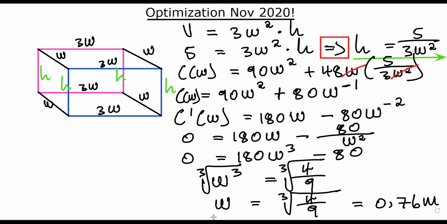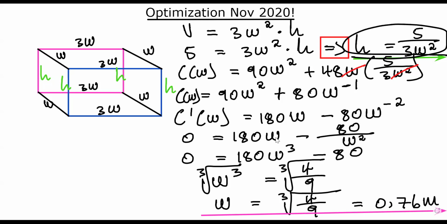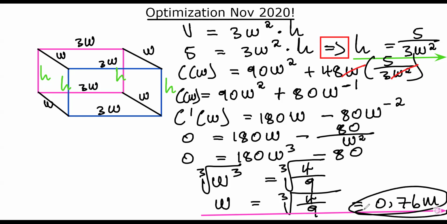So that is the width of this rectangular prism. They're only looking for the width, so we don't need to find the length. We also don't need to find the height. But if we had to find the height, then we substitute the width there. If we had to find the length, we multiply this thing by 3, and we should be happy.